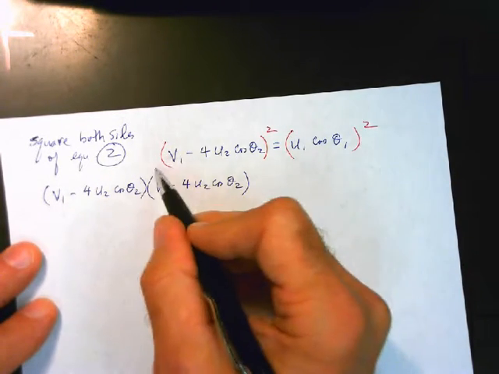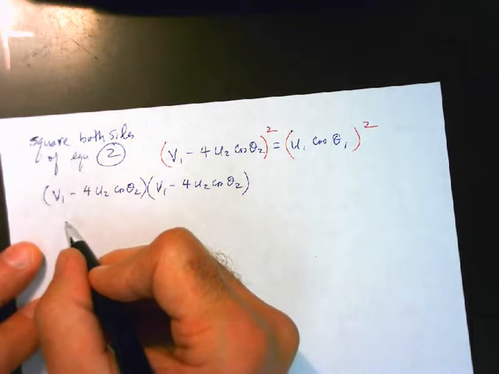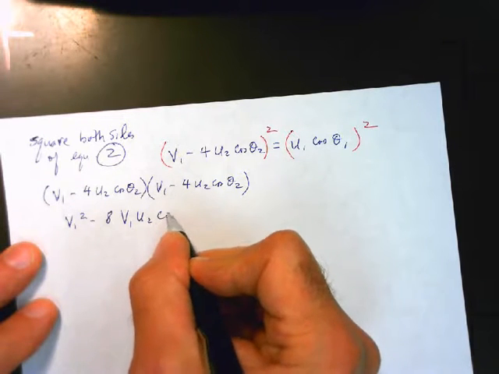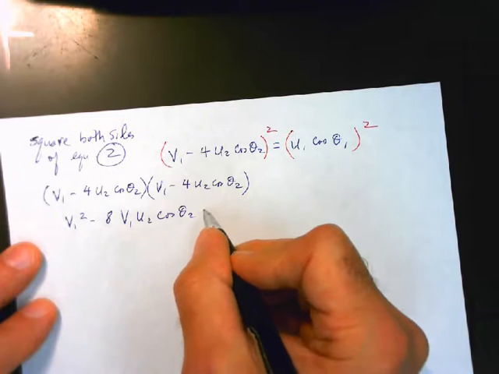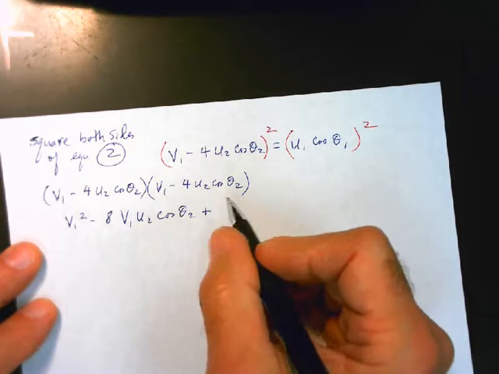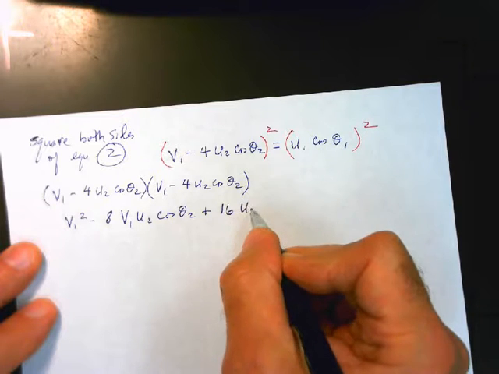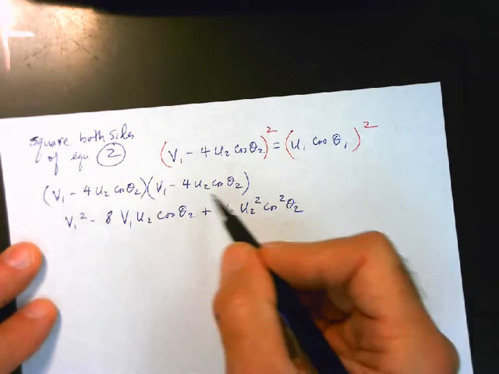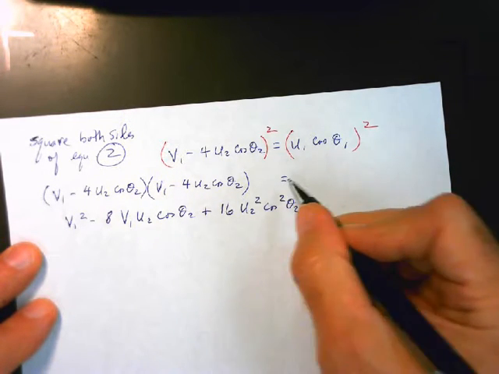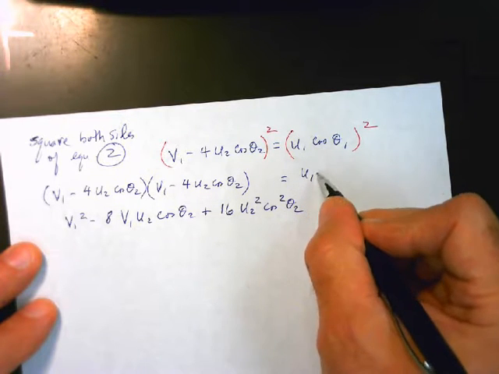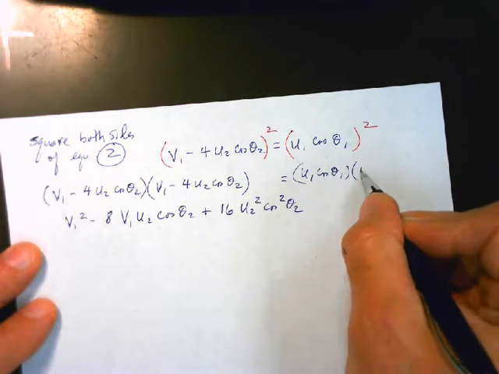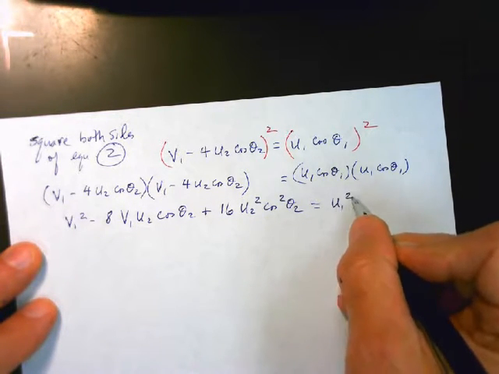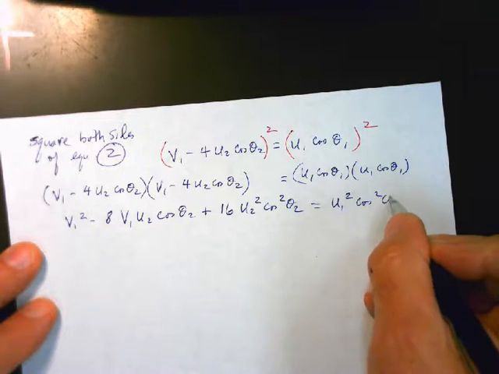That's just this left-hand side squared, and that's equal to V1 squared minus 8V1U2 cosine theta 2 plus negative 4 times negative 4 is 16 U2 squared cosine squared theta 2. So that's the left-hand term squared. The right-hand term squared would be U1 cosine theta 1 times U1 cosine theta 1, so that's equal to U1 squared cosine squared theta 1.